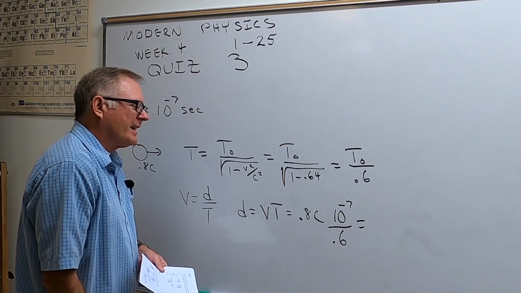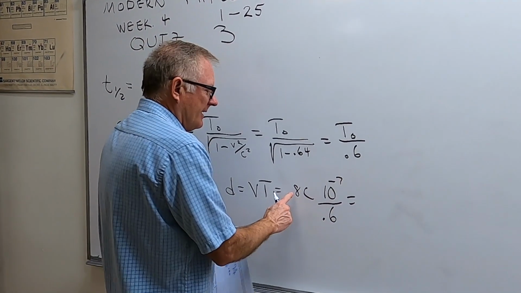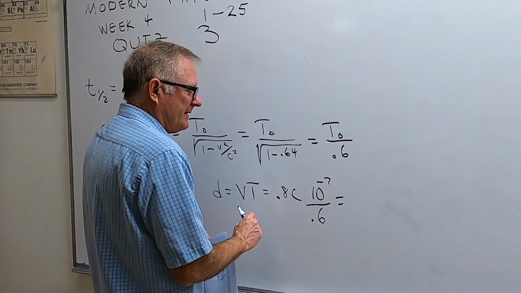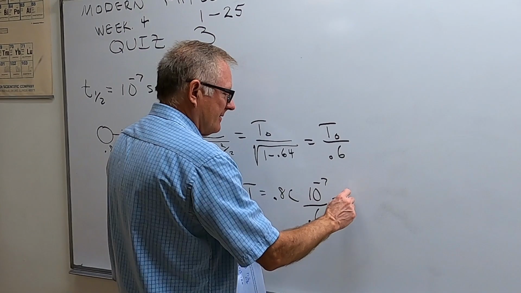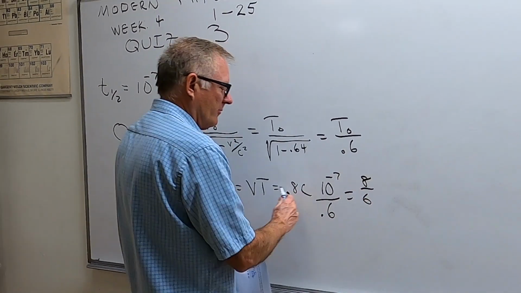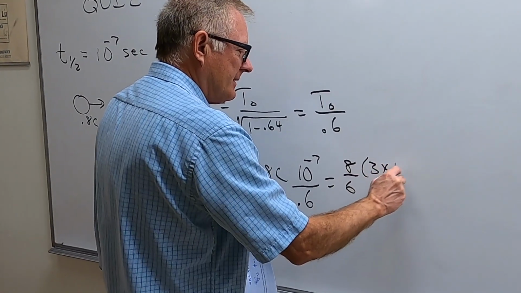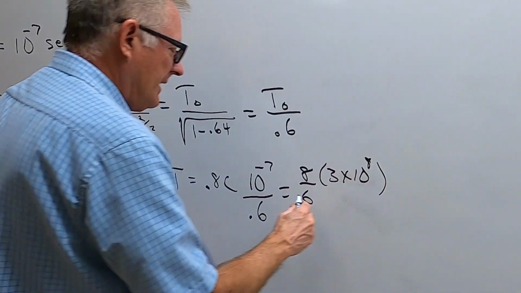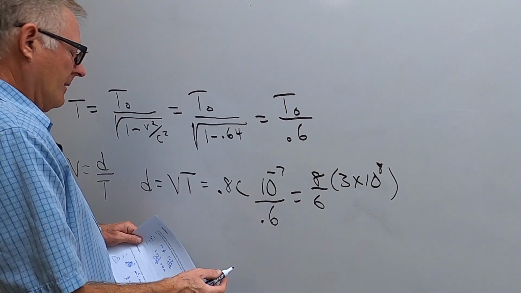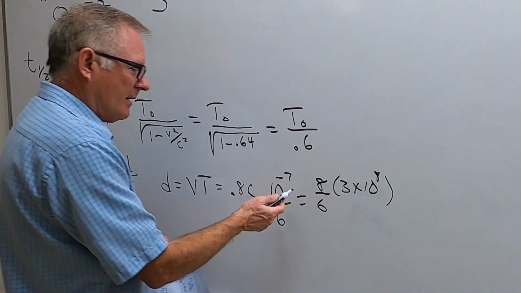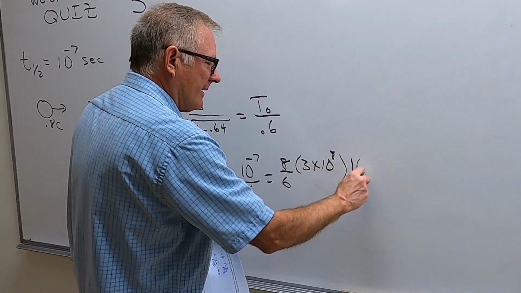Well, we might as well plug in what c is. Instead of making that 0.8 over 0.6, I could just make it 8 over 6, just move the decimal place, times the c, which is 3 times 10 to the 8th meters per second, times 10 to the minus 7 seconds.